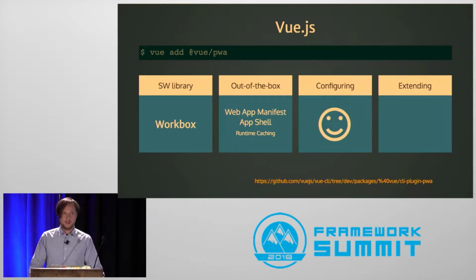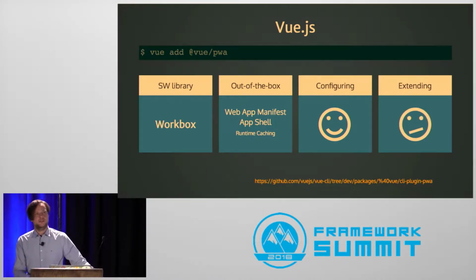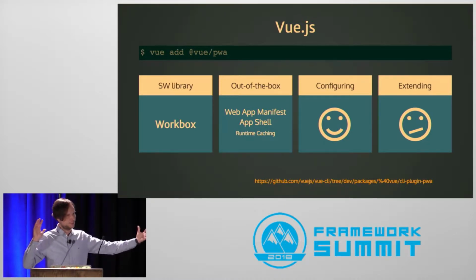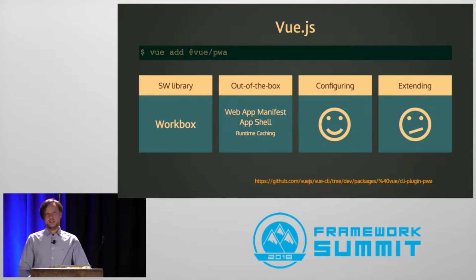It's good in fine-tuning this configuration, and again, not very developer-friendly in terms of extension. It's possible to have your own service worker. This is what I mean by extending PWA functionality. But again, it's not enabled by default and not very friendly.